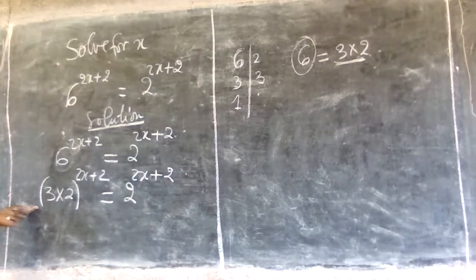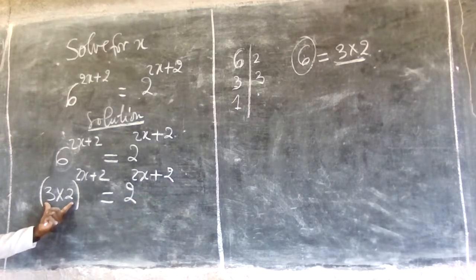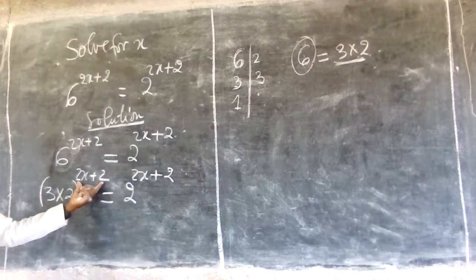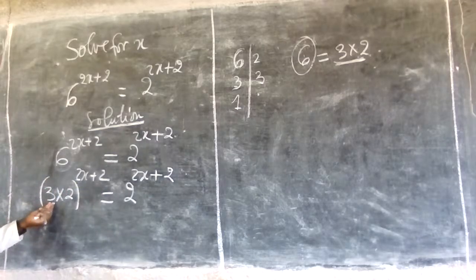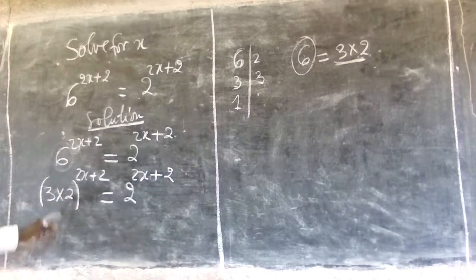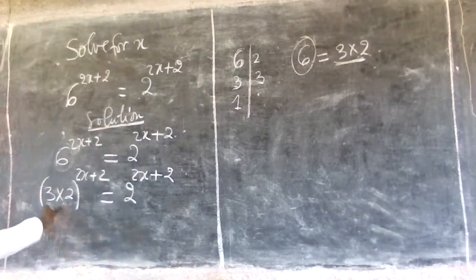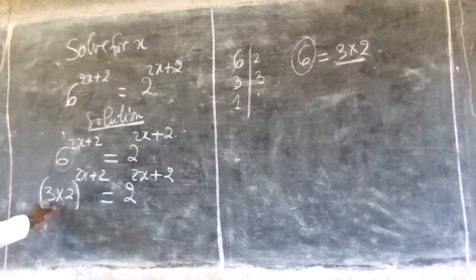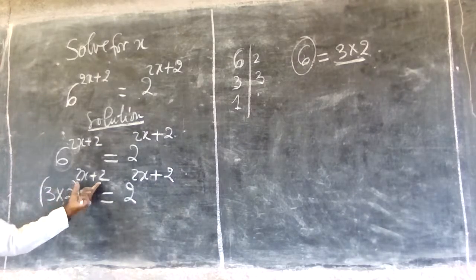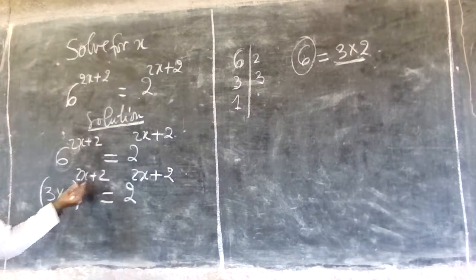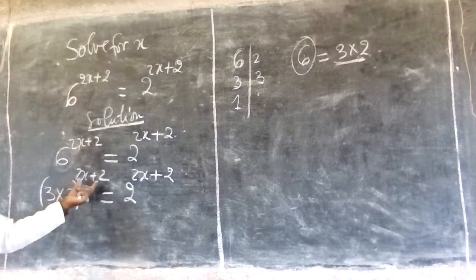Now, what should we have at this step? Here we have the two factors and one power. We are going to separate those two factors by taking one factor with this power. Also, we take the other factor with this power.